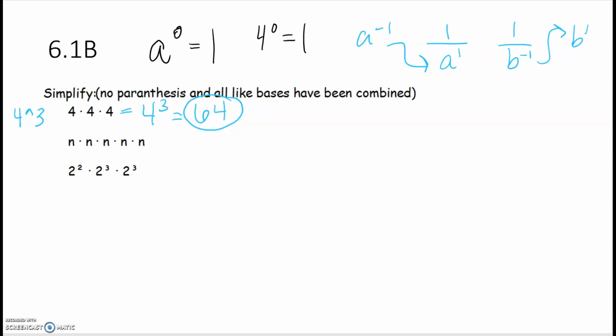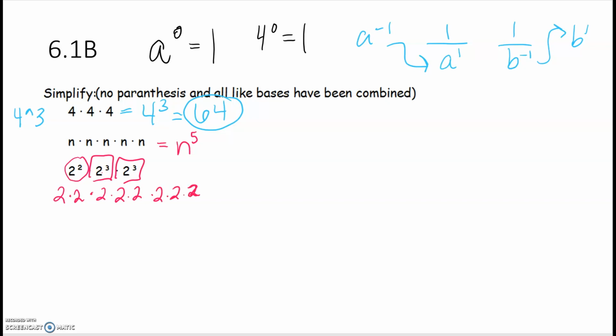My second one, how many n's do you see? I have 1, 2, 3, 4, 5 n's. So this looks like n to the 5th power, n 5 times. Okay. My last one, I have 2 2's to start with. Then it says I get 3 more. And then 3 more.